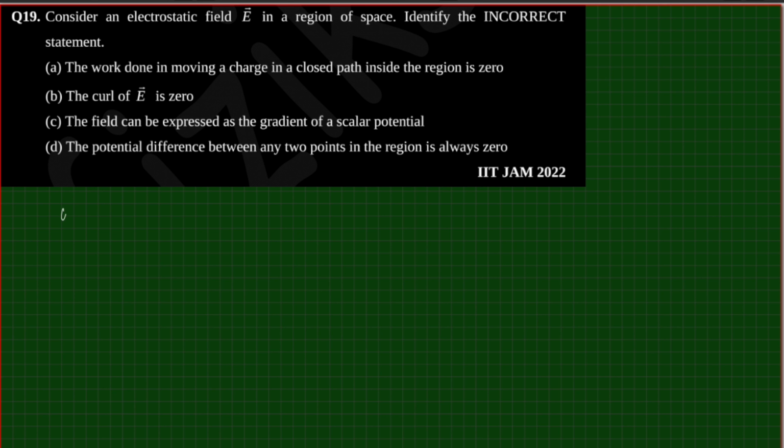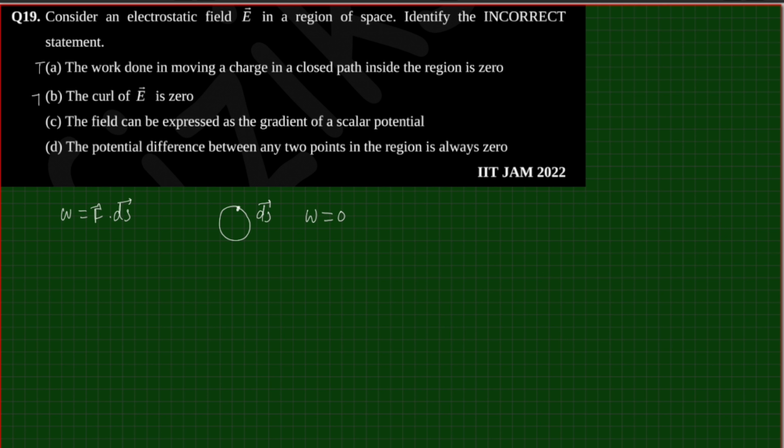So work done is given by force and displacement ds. For a closed path, displacement is 0, so work done is also 0. Option B is the curl of E is 0.